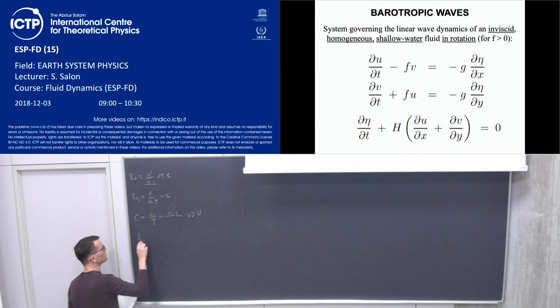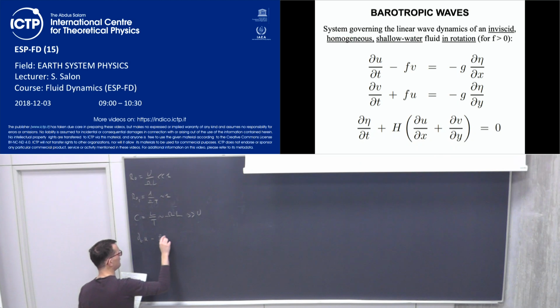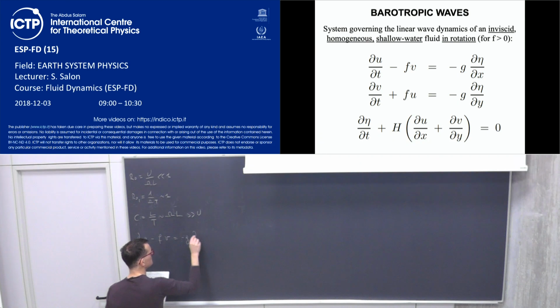So our shallow water model was dt u minus fv equal to minus g dx eta. You remember that we have h here, no?